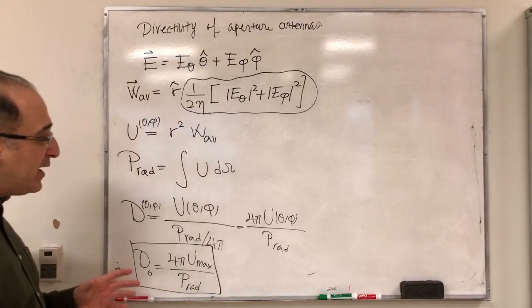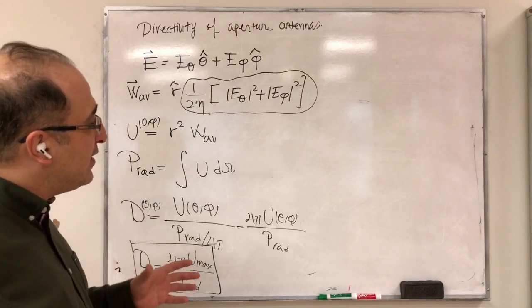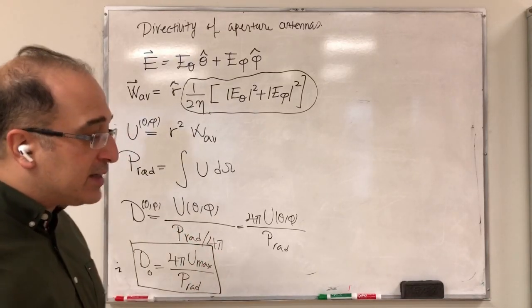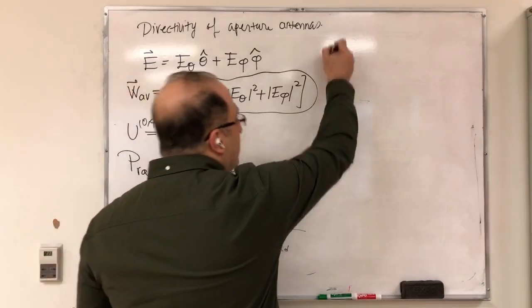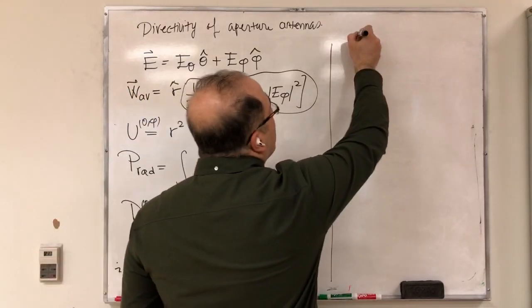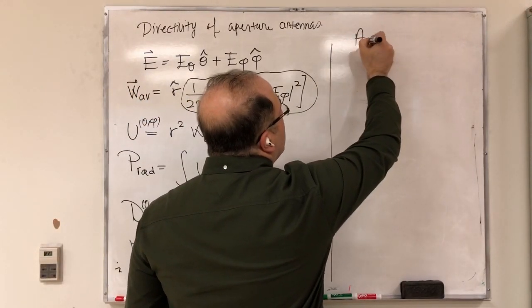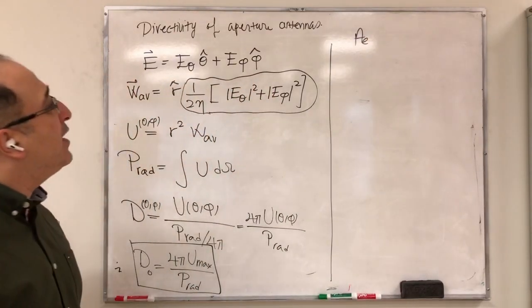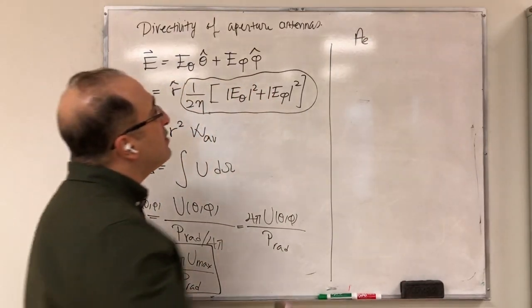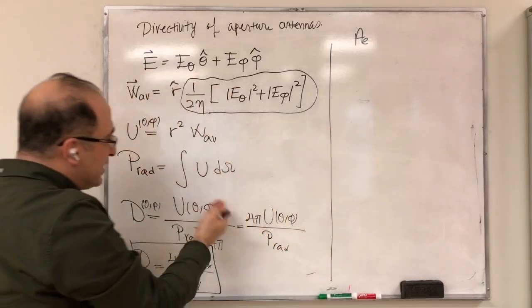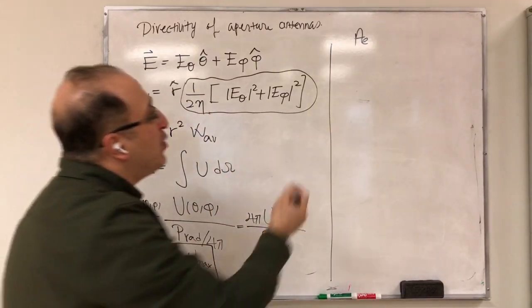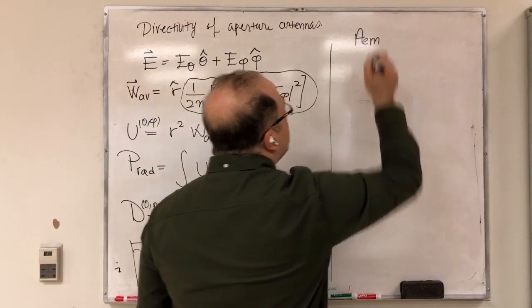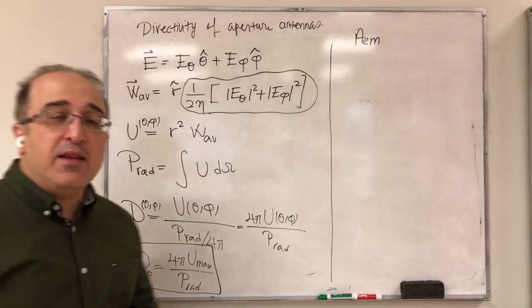The method that I want to explain works by estimating the effective area of the aperture antenna, and it's not effective area in the sense of angle, it's the maximum effective area. So I'm just going to write A_em. This would be the first step.